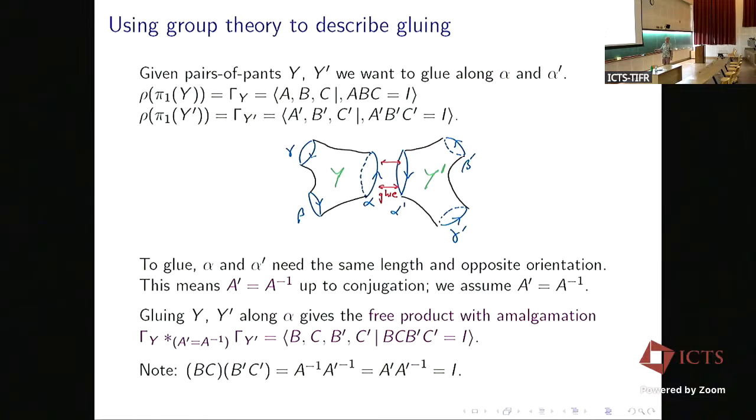So I get A prime times A prime inverse is the identity. And so that's where that relation comes from. Another way you could think about it is this now becomes a sphere with 4 holes, and if I go around each of the holes in turn, then the same argument that I had before shows you that curve would collapse down to the identity. So that just depends on whether you like to do things in terms of group theory or in terms of topology.